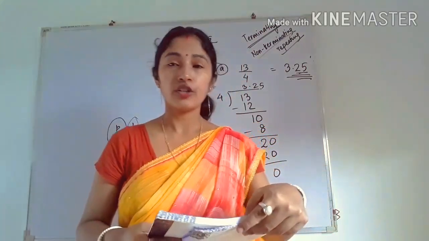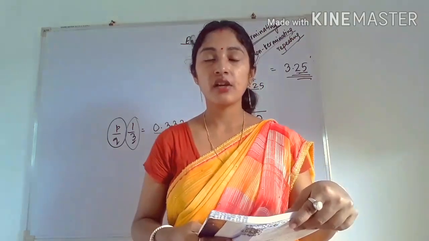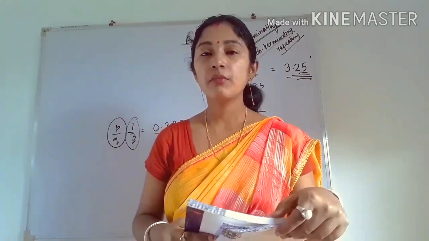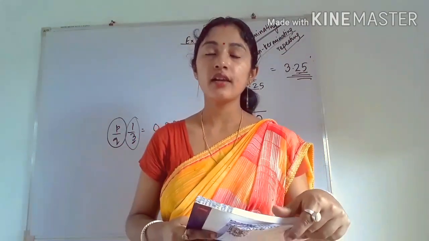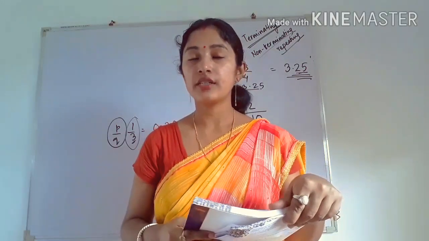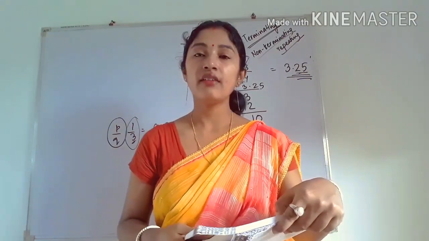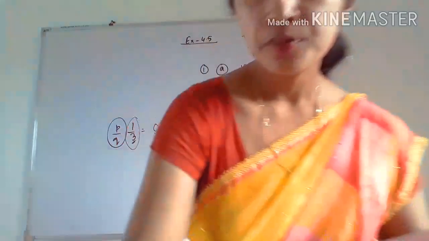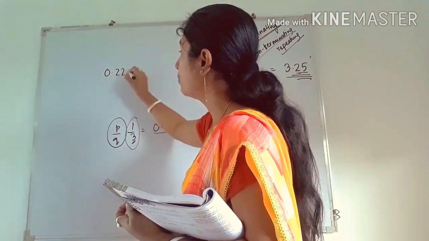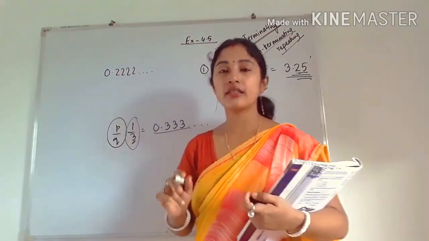Similarly, number B is 0.2222. This number is also a rational number, because we know irrational numbers are those which are not rational, and they come under non-terminating and non-repeating decimal numbers. But number B is non-terminating and repeating. How can we represent 0.222 in p by q form? There is a method, but you will study it in class 9.